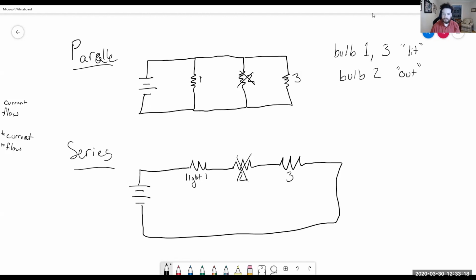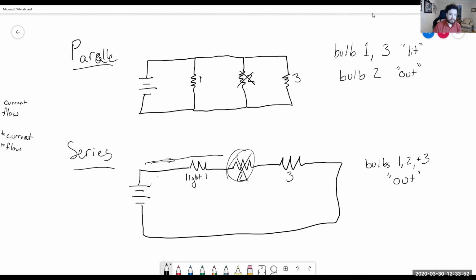But in the series, bulbs 1, 2, and 3 are all out, just because bulb 2 is out. There's no way for the current to continue. It goes through light 1, great, but it can't complete the circuit. So there's no way for the power to return, to gain more energy, and to continue on.